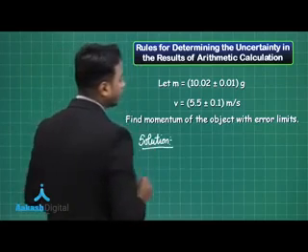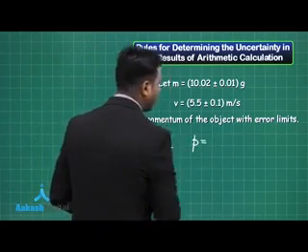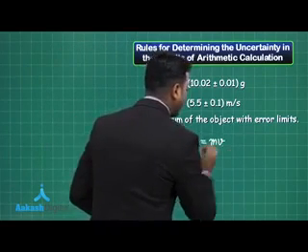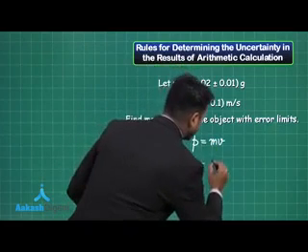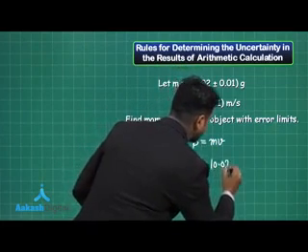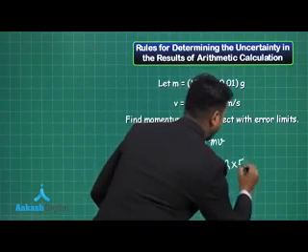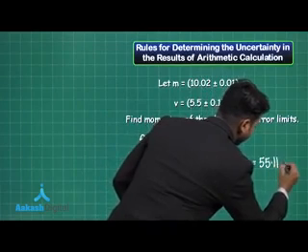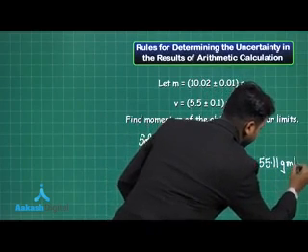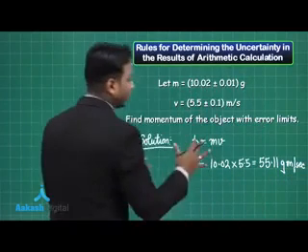Now the first thing we know is that momentum is labeled by P and it is the product of mass and velocity. Mass is given in grams, so this is 10.02 multiplied by 5.5, and this will give me 55.11 gram meter per second. So we have the real momentum.